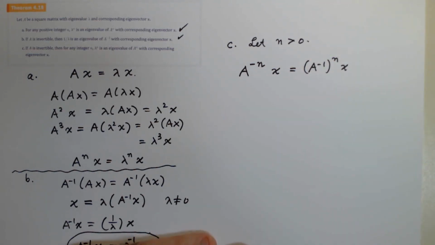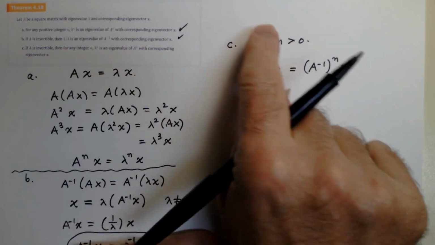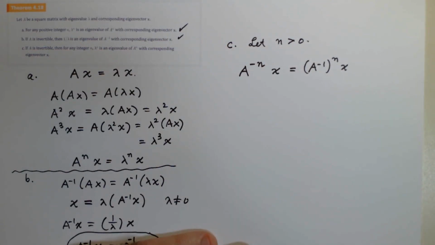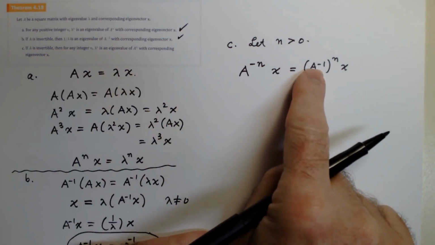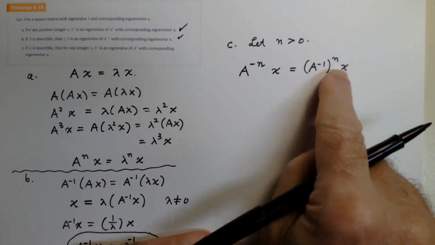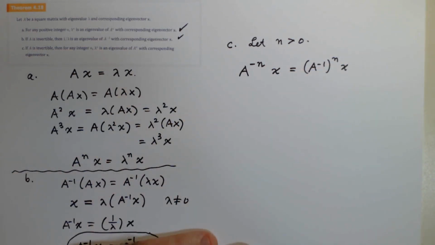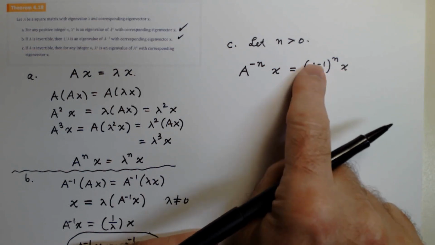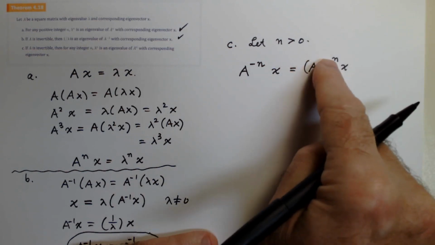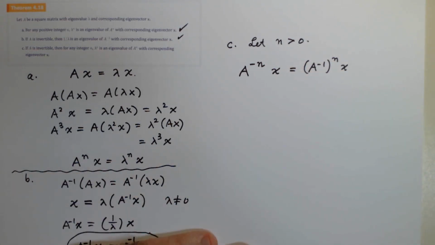Okay? Now what do we know? We know that A inverse is a matrix, and n is now a positive power. And we've already shown in part A that when I take a matrix that has a known eigenvalue with corresponding eigenvector, and I raise it to a power, I get the eigenvalue raised to that same power, and that this is still an eigenvector for that eigenvalue.